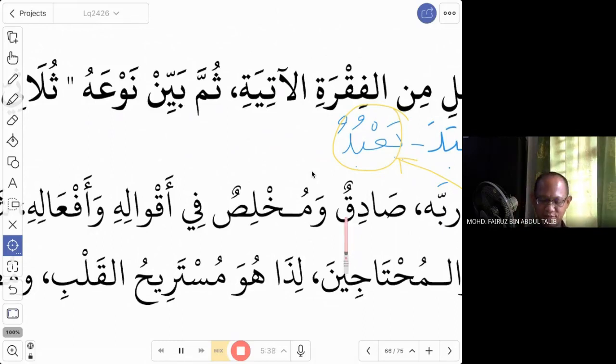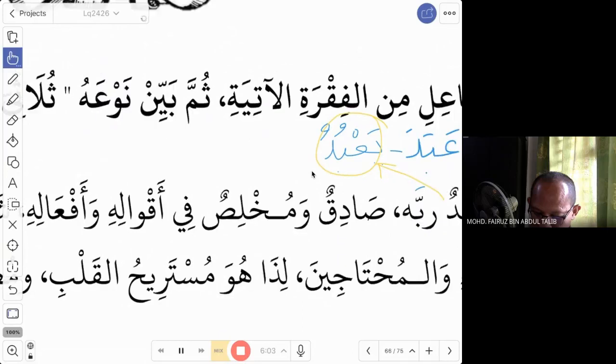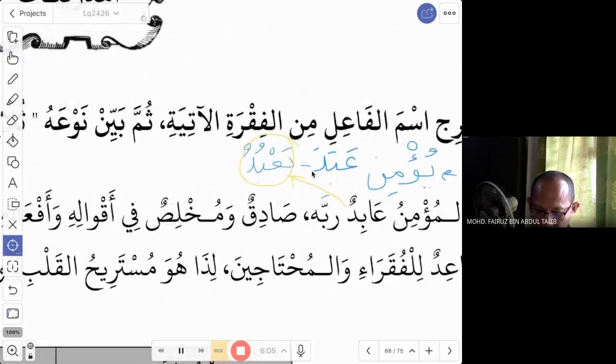Sadaqallahul azim. Sadaqa, truthful, true. Is saying the truth, for example. We say sadaqallah. Allah has said the truth. So sadiqun, the person who said the truth, who is truthful. That is the meaning of the word sadiqun. So the sentence is al-mu'minu abidun rabbahu. He worships his God. He is truthful and he is also mukhlis.